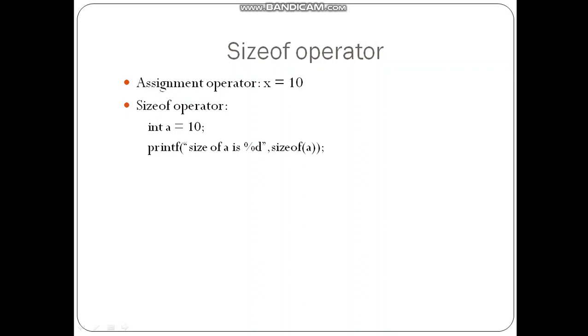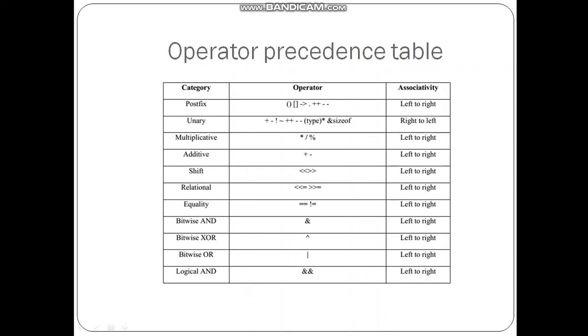Since a is of integer type, it is 2 bytes for a 32-bit processor and 4 bytes for a 64-bit processor. So depending on the processor that you are using, the size of a will be either 2 bytes or 4 bytes.